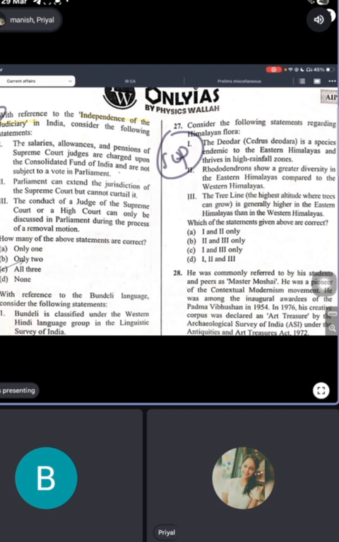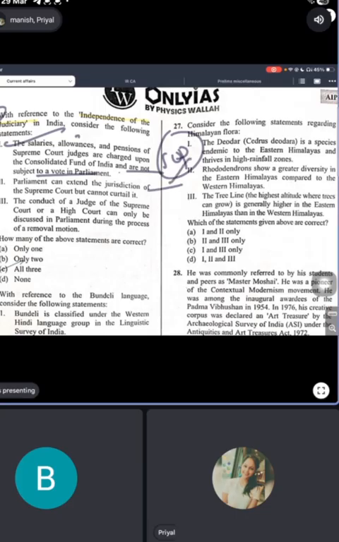So why would Parliament decide the salary of Supreme Court judges? No, because they have separation of powers. So this is right actually because they cannot discuss, they cannot vote. Second, Parliament can extend the jurisdiction of the Supreme Court but cannot curtail it. Yes, because they say, see, you can increase my power, but you cannot decrease my power. Common sense.